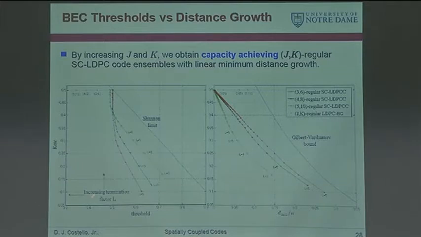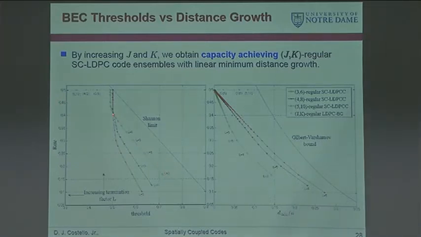Now, these are some pictures. Here this is erasure channel. These are thresholds. This is the Shannon limit. And these three curves are thresholds of terminated spatially coupled codes for a given L, for 3/6, 4/8, and 5/10 ensembles. And you kind of see if you have very short termination where you have lower rate, the rate is vertical here, you're not really that close to threshold.